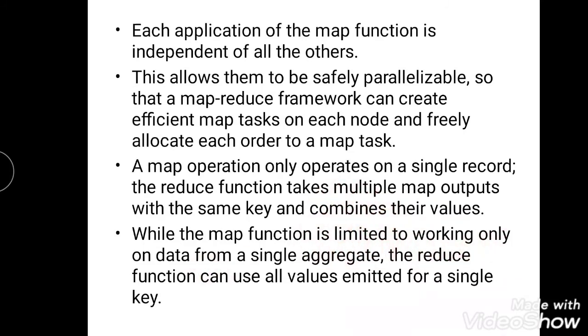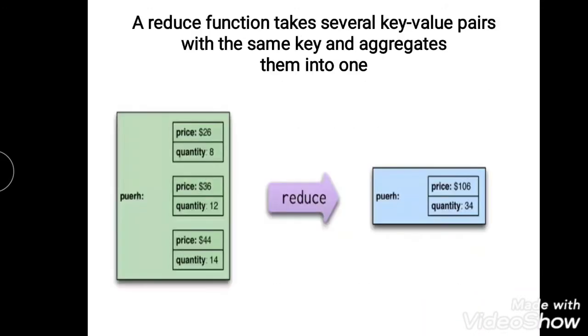While the map function is limited to working on a single data aggregate, the reduce function can work on multiple aggregates for a single key. The meaning of reduce is reducing many to one. It is a divide and conquer approach for a given problem.